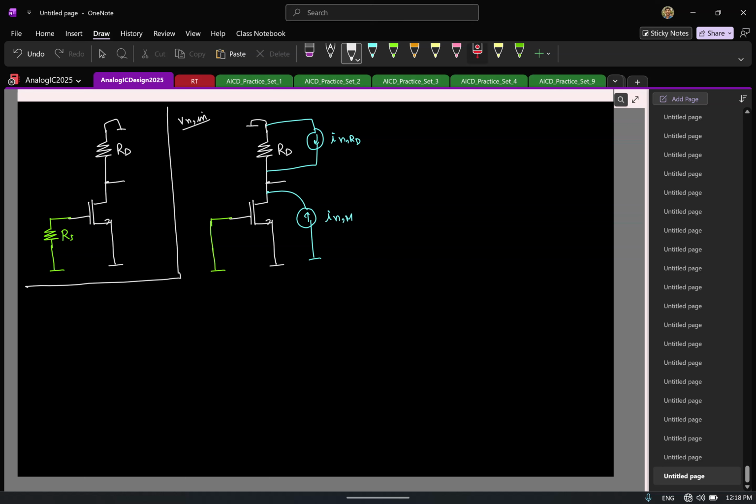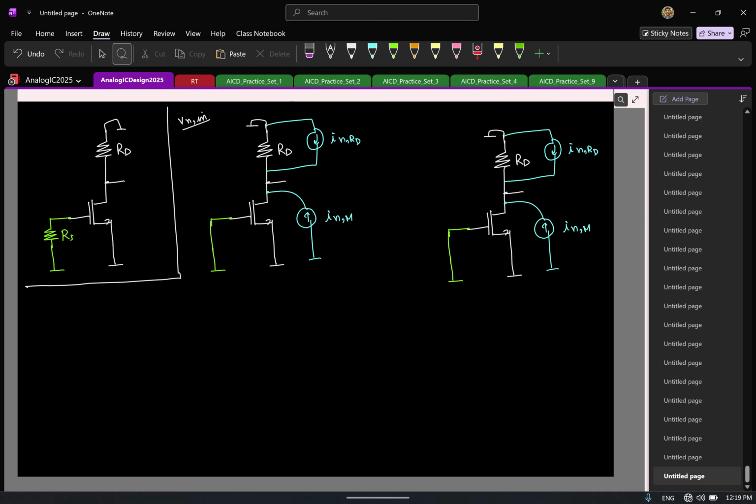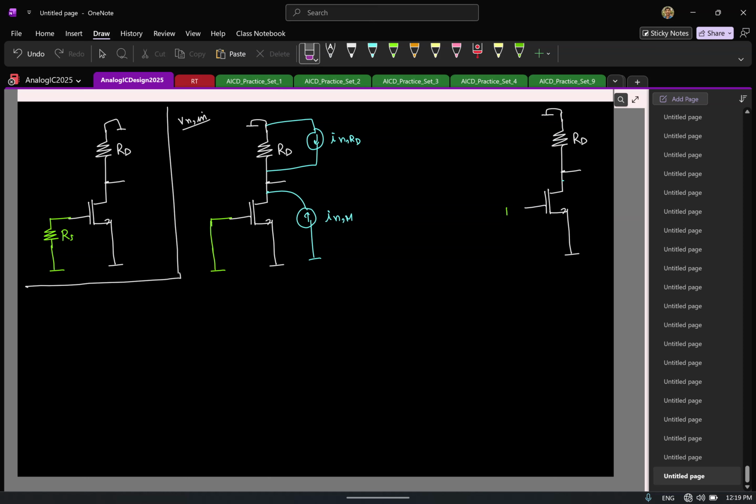Now our goal is to model this noise using an input referred quantity, so that I don't need to worry about the individual noise contributors here. I want to have an input referred noise voltage and current.